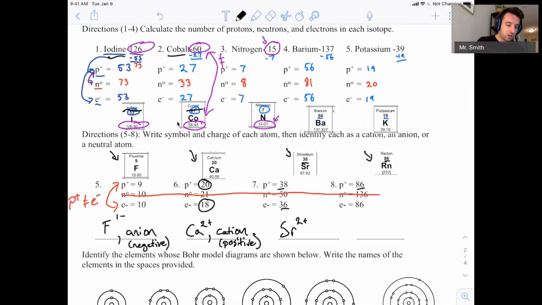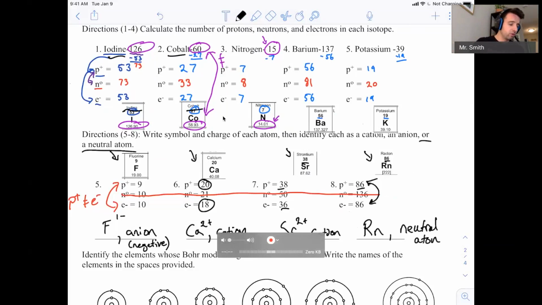And again, it's going to be a cation. For the last one here, you'll notice our number of protons and electrons is the same. So this isn't an ion. We'll just call this radon, and we'll say it is neutral, because in the directions it said it could be a cation, an anion, or just a neutral atom. So the charge would be 0, so I'm just not going to write anything there.